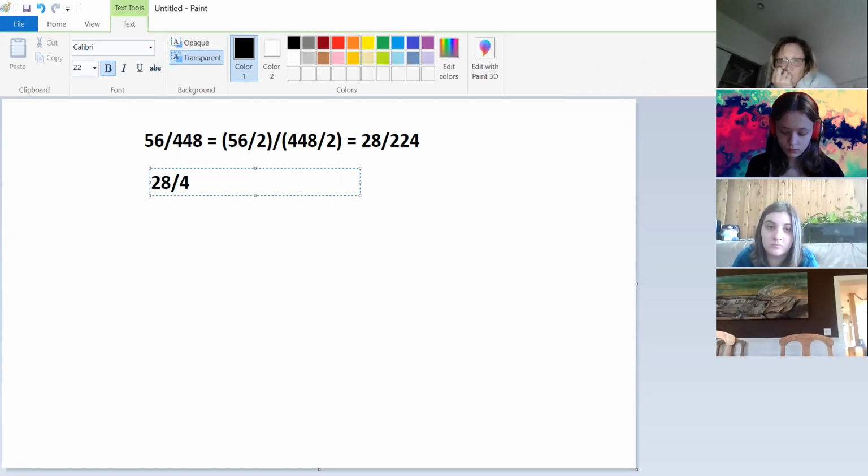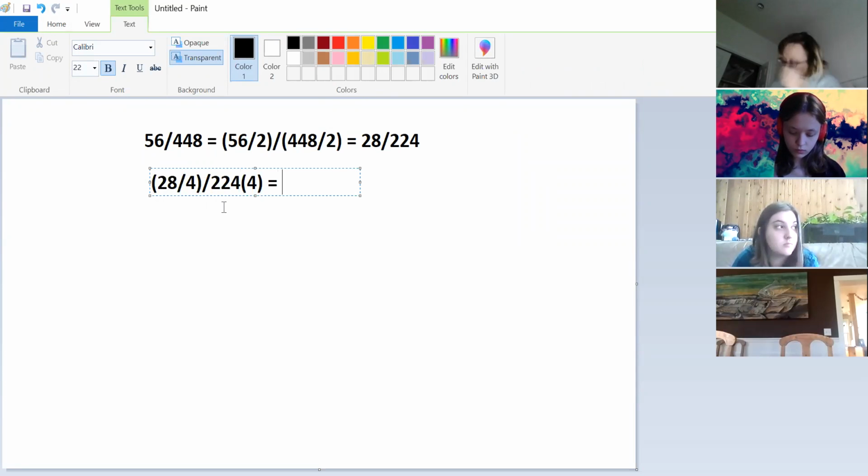28 divided by 4 is 7, exactly. Now 224: the top is 7. For the bottom, 4 into 200 is 50. Again, I'm just using what I call mental math.